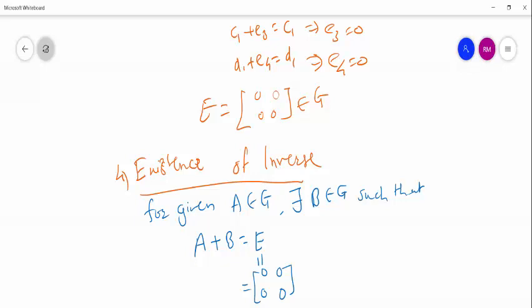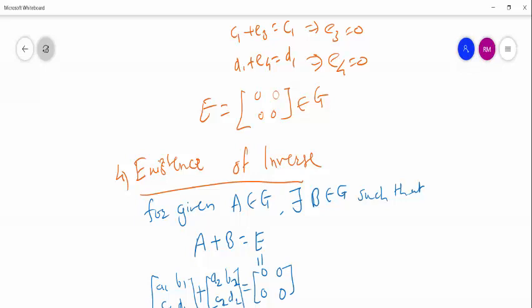Suppose we take the A matrix as A1, B1, C1, D1 and B as, say, A2, B2, C2, D2.